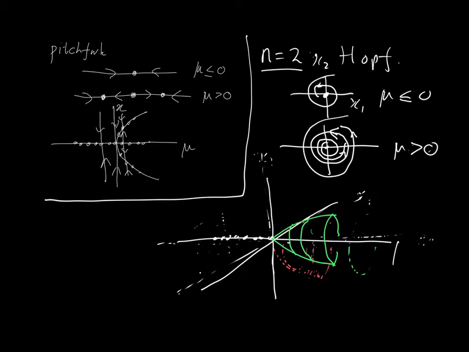And inside still are these fixed points at 0, which have now become unstable, and the periodic orbits are the attracting things. I want to make a few comments here.